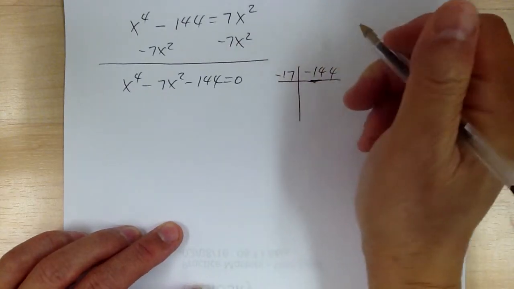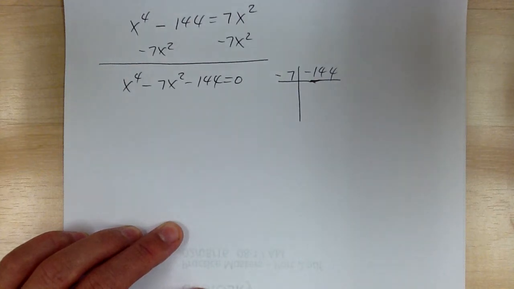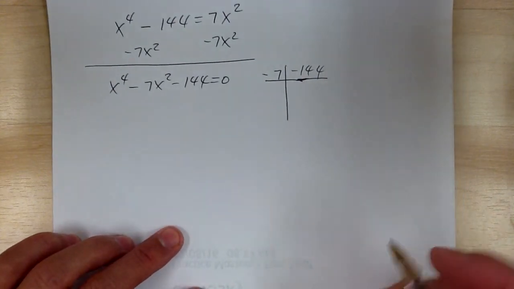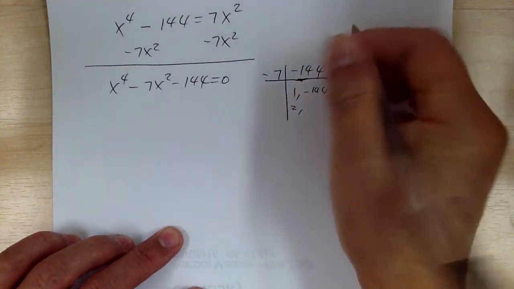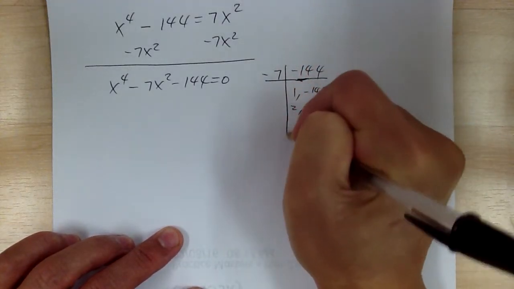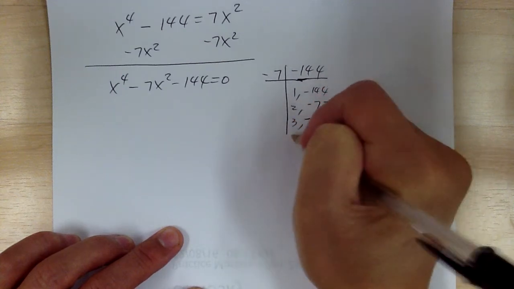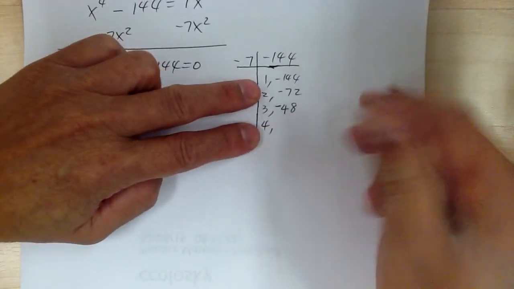Okay, so negative 7. Again, if you don't know the correct combination, don't freak out. Just start: 1 and negative 144, 2 and negative 72, 3 and negative 48. Okay, 4. The reason you want to do 1, 2, 3 is so that when you get to 4, you can use the 2.